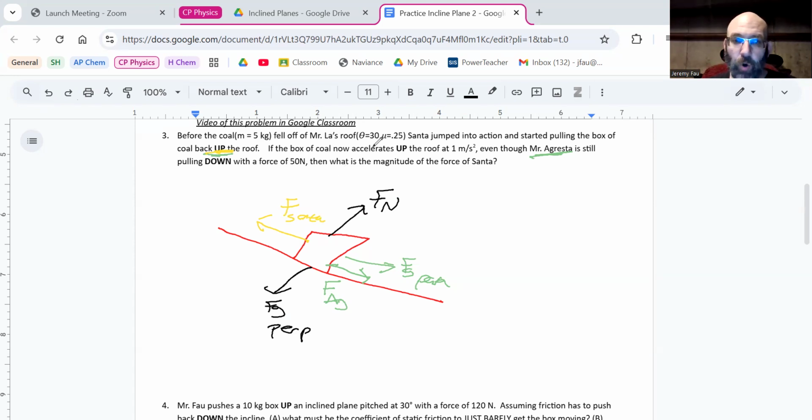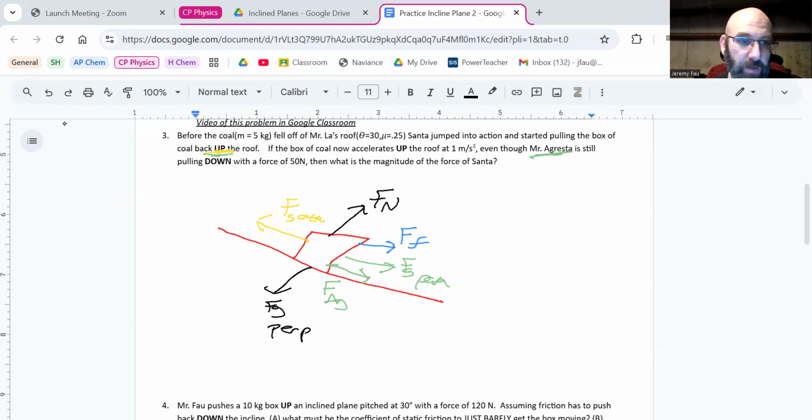And the coal is accelerating up the roof. So there's one more force that's gonna be pulling back down. Since the thing is accelerating up, we're also gonna have friction. So Santa is pulling against friction because he's accelerating up, so friction's going to point down. The gravitational parallel force always pulls down, and Mr. Agresta is also pulling down.